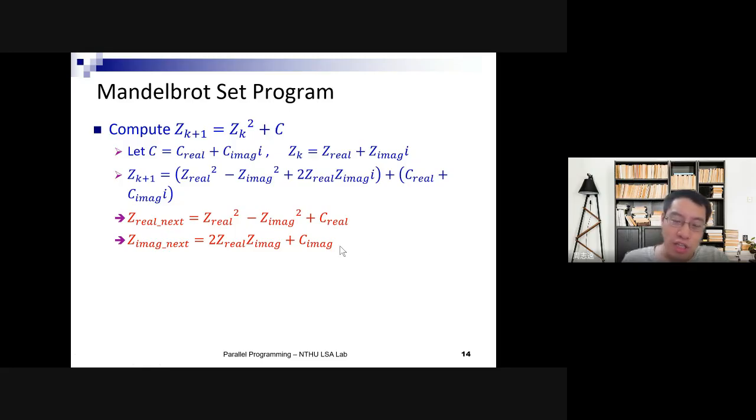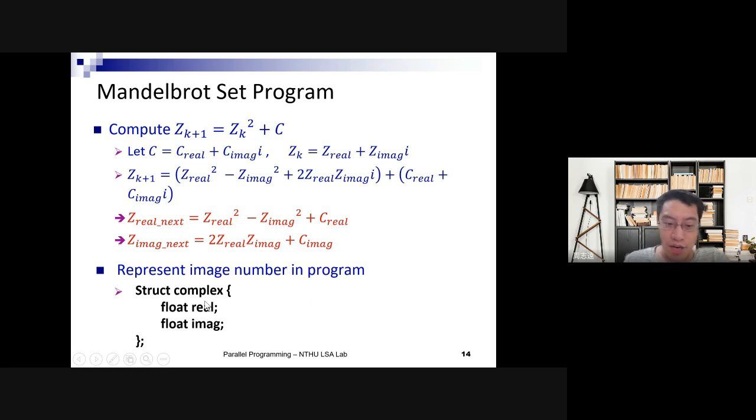So we only need to consider the computation on each individual complex number at a time. To implement this computation, we first define a data struct to represent the value of a complex number, because we have the real part and the imaginary part of a complex number. So we use a data struct to represent it.